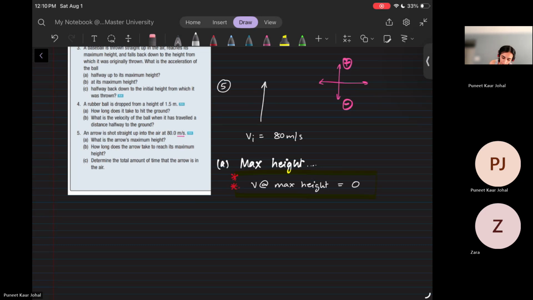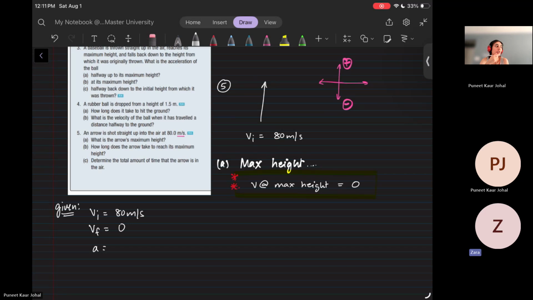So we know V initial is 80 meters per second. We know V final is zero. What is the acceleration? Don't we need the time for that? Because isn't it the change in velocity over time?